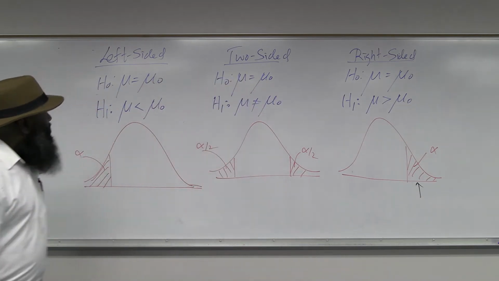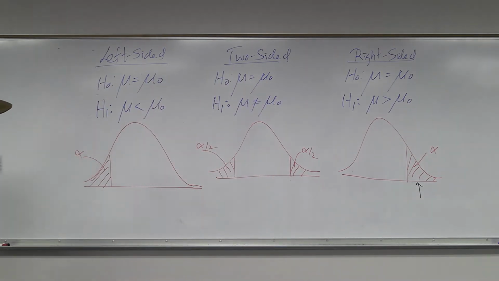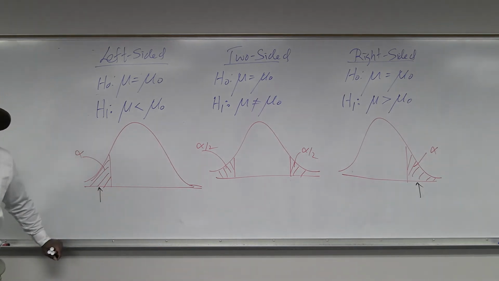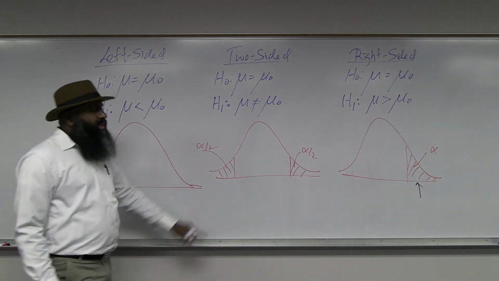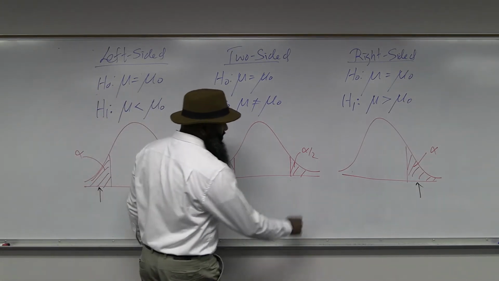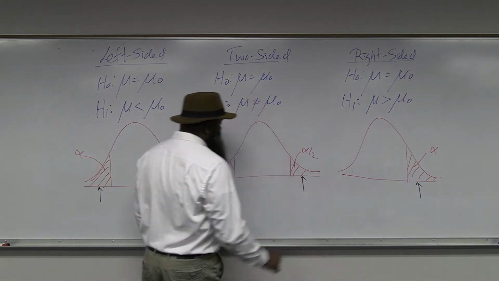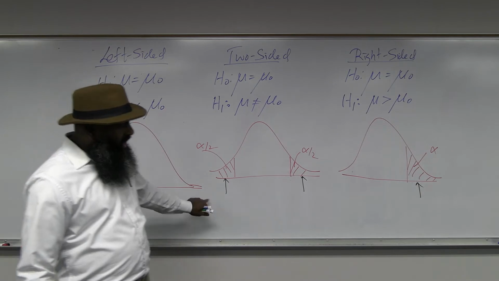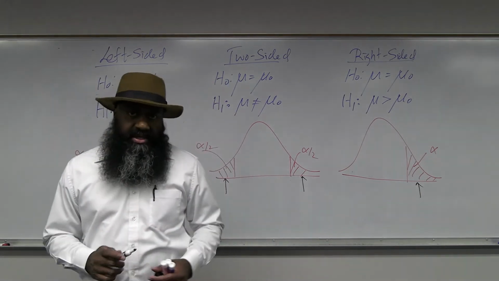For a left-sided test, if my test statistic is somewhere here, I reject my null hypothesis. On the other hand, for a two-sided test, I can have my test statistic somewhere here, or somewhere there. I'm going to reject the null hypothesis in each case.